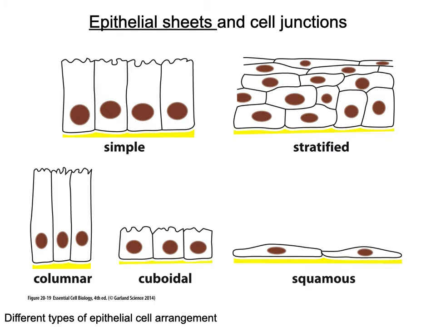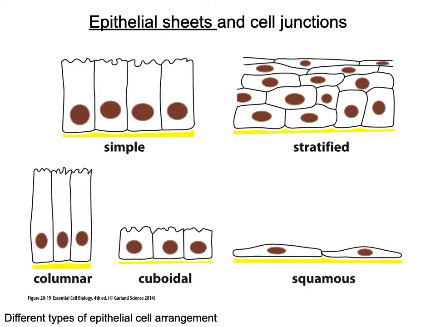Simple epithelial sheets will have a single layer, where stratified will have multiple layers of epithelial between the lumen, or the space on the apical side, and what's on the basal lamina on the basal side. So again, simple is one layer, stratified is going to be multiple layers.